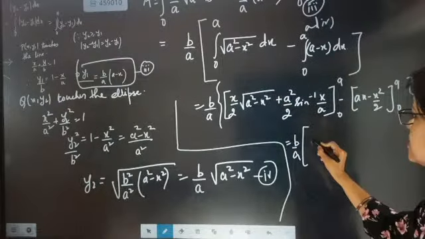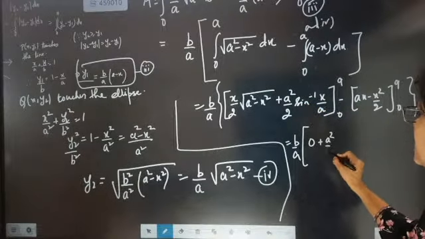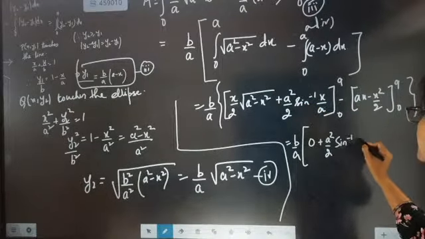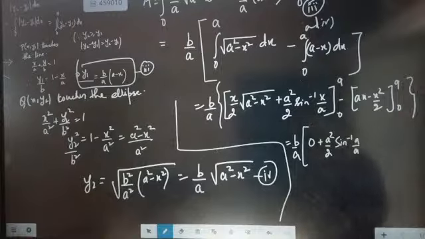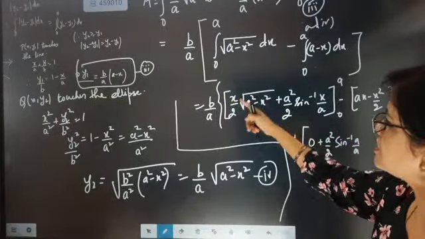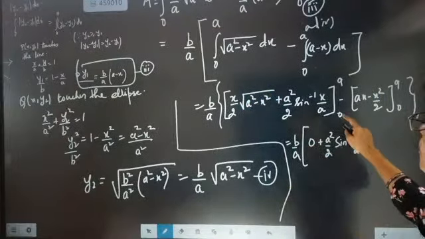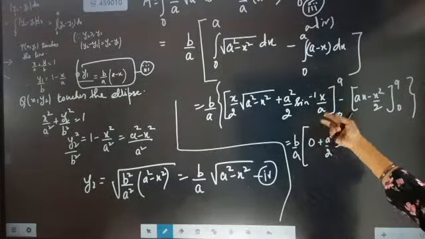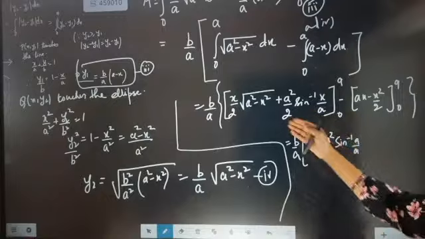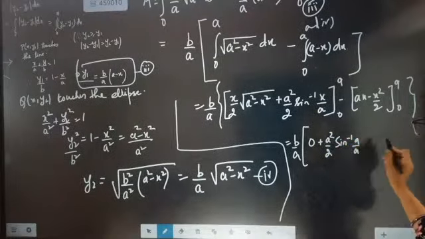Now if you put a here, it will become a square by 2 sine inverse a by a. So one section over. Now when you put 0, since x will be equal to 0, this section will become totally 0. Sine inverse 0 by a will become 0. So putting 0 means everything will become 0.